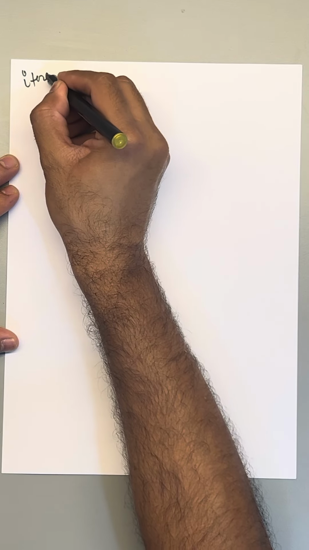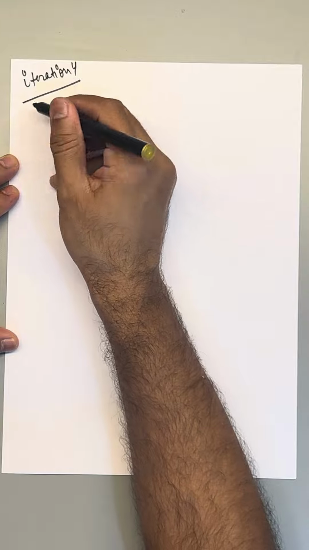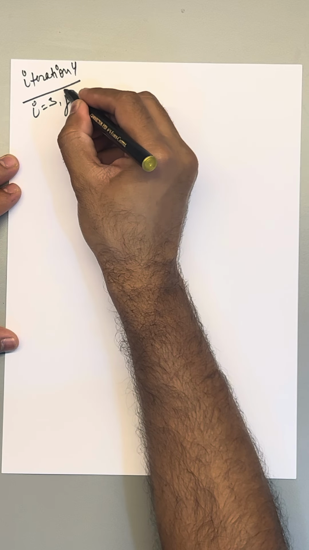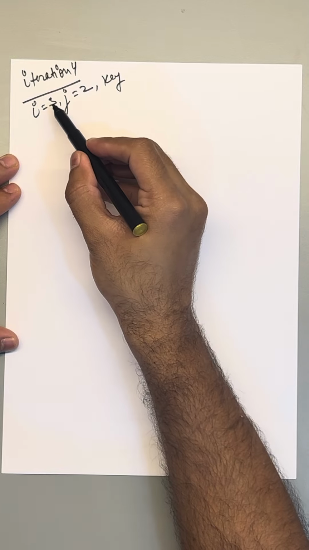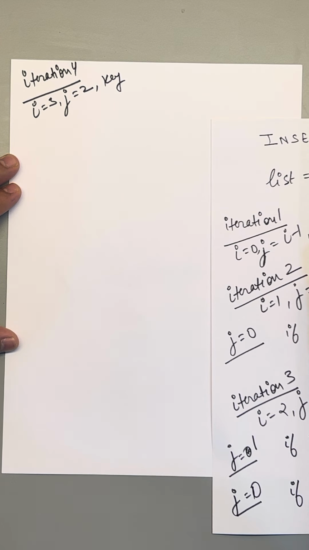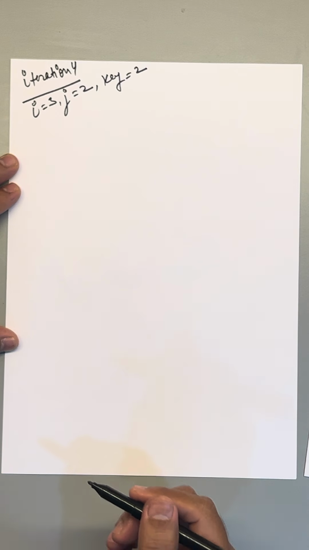Let's go for iteration 4. It says i equals 3, j equals 2, and the key here will be the third value, which should be 2.